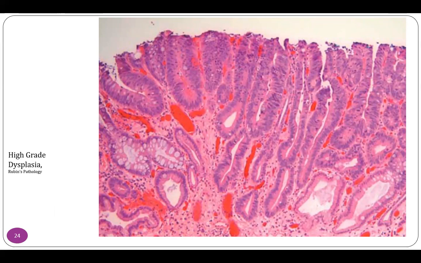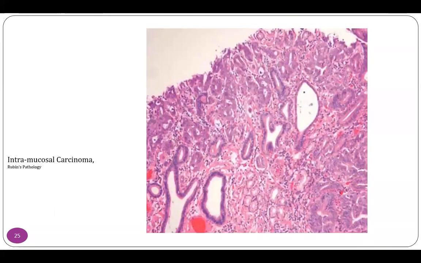Here the cells are really big, with high N/C ratio, multiple mitoses, hyperchromasia, irregular nuclear membrane, stratification. So this is a high-grade dysplasia. In intramucosal carcinoma, within the mucosa the dysplasia will be remarkable, and it looks like carcinoma in situ or intramucosal carcinoma. So it's going step by step, the dysplasia.